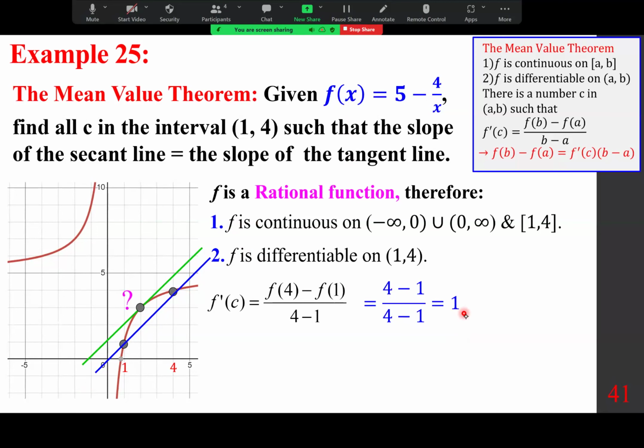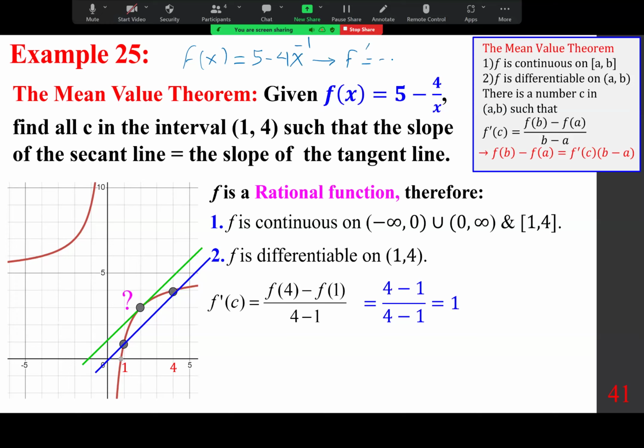So what is f prime of x? This goes away. Let me just do this quickly. So I'm going to write f of x is 5 minus 4 x to the power minus 1.